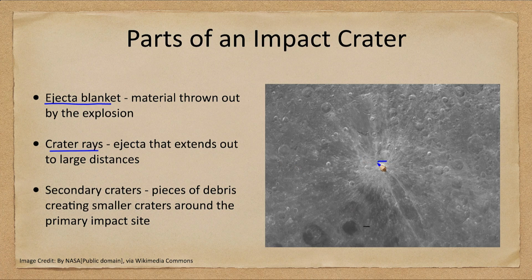So that's right at the crater itself, we can see. And that is material thrown out by the explosion. We can see it's a much lighter color as it was expelled outward in the massive explosion that formed the crater itself. We can also get secondary craters. So that impact can throw material out, and then other material can form secondary craters.